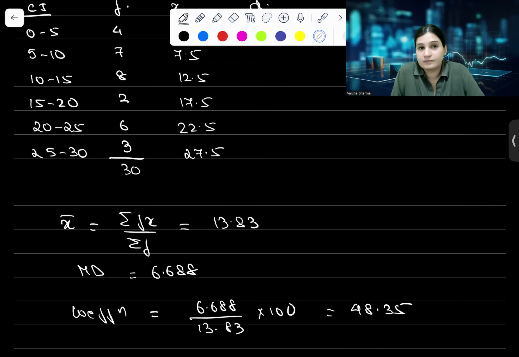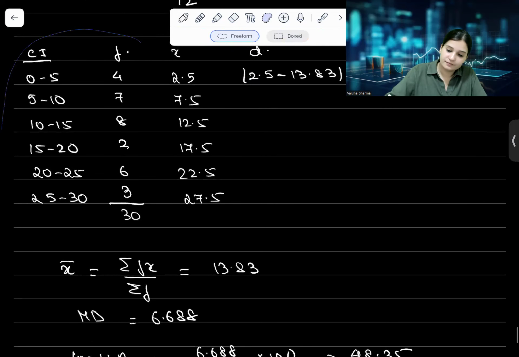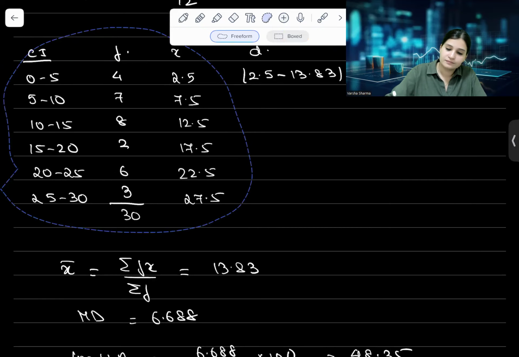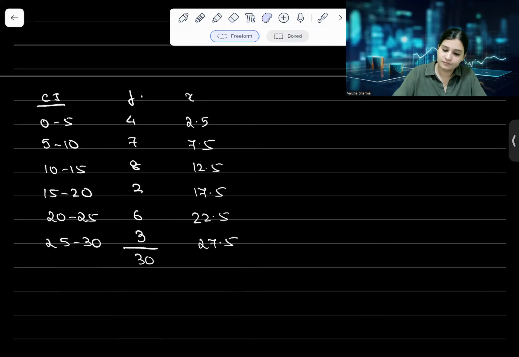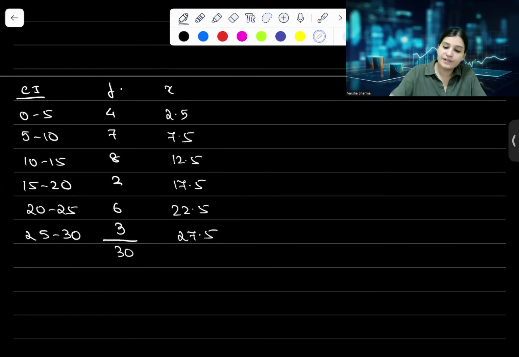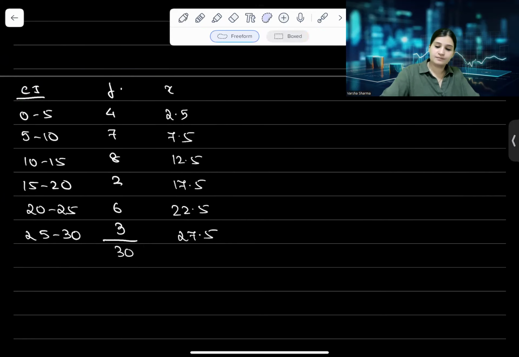Any doubts? No, ma'am. Now we'll do the same question using median. For median, we need to do one extra step.